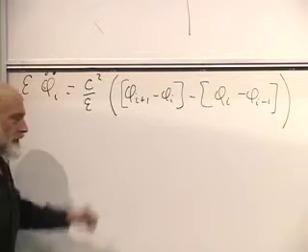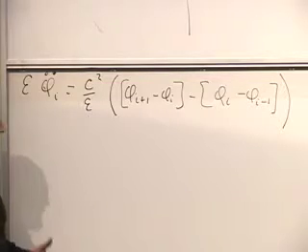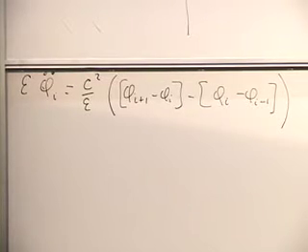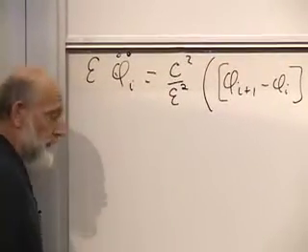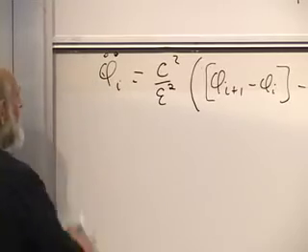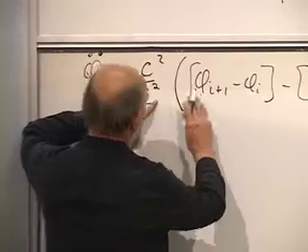Now this is an awkward looking thing, but when we fiddle around with it, we'll see that this is a very simple wave equation. Very simple wave equation. Let's divide by epsilon on both sides first. Then we get epsilon squared downstairs. All right, now let's take one of these epsilons and group it right here.